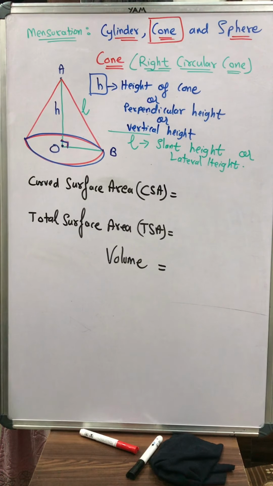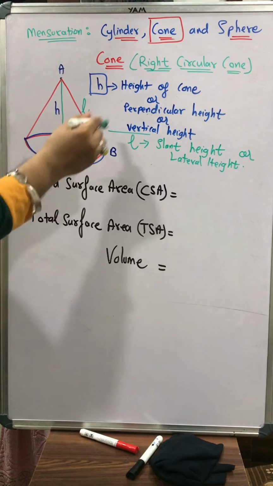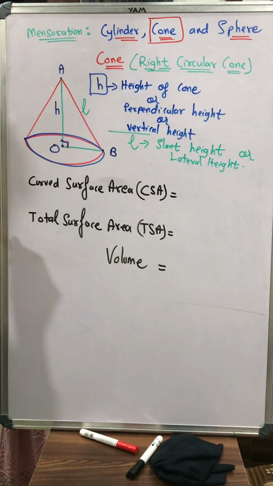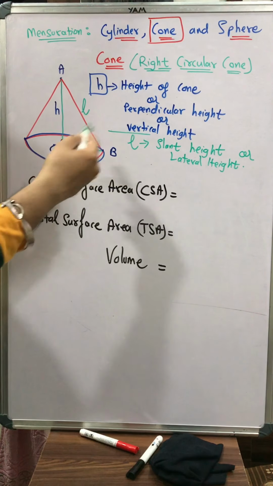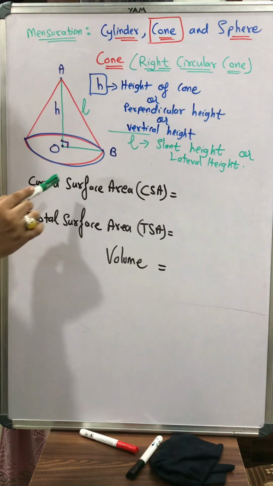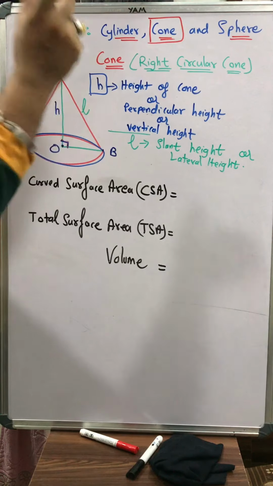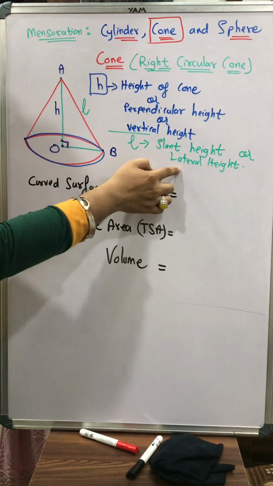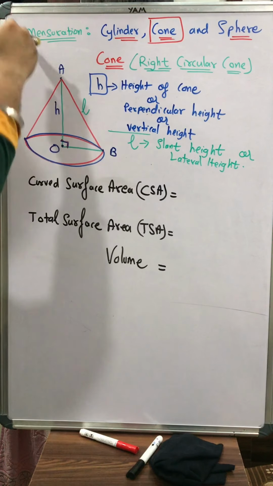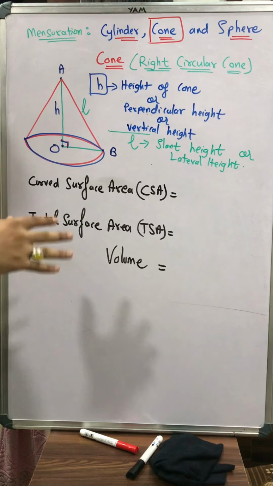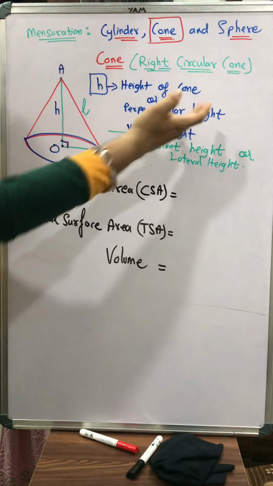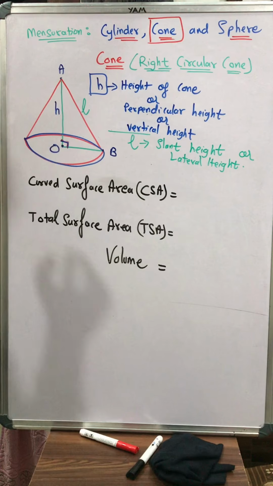Understanding students? If precisely they mention the word slant height or lateral height in the question, then only it is l, and this is the slant height AB. Otherwise, if only height, perpendicular height or vertical height is given, it's just the h.